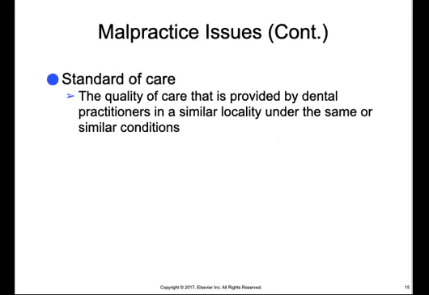I mentioned standard of care before, and this is the quality of care that is provided by the dental practitioners in a similar locality under the same or similar conditions. So, for example, the number of films exposed, as well as the quality of the images, may be an important issue in a malpractice suit.